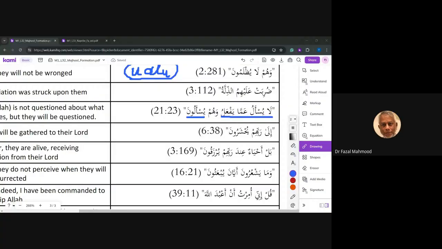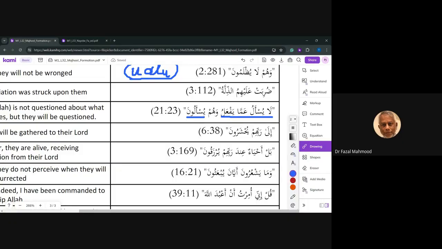As Ustad Muhammad was trying to say, understand the meaning of the whole sentence. La yus'alu, he will not be asked. By the sound of the sentence, you understand this is a majhul sentence. La yus'alu amma yaf'alu: he will not be asked about what he did.